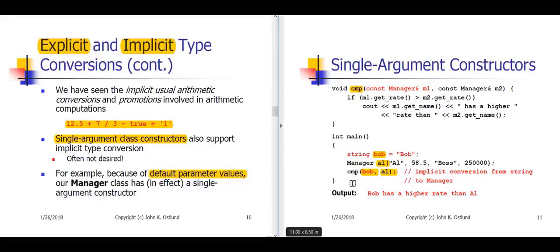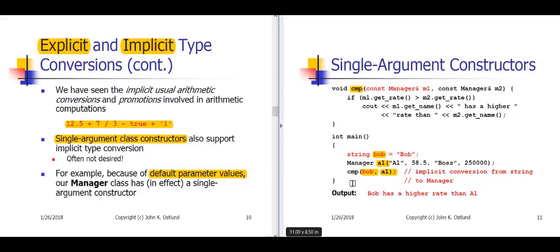The problem is that our constructor is willing to build a manager object from a string object by applying the default rate, title, and budget. Consequently, we end up with a manager object automatically constructed with Bob as the name, 70 as the rate, manager as the title, and $500,000 as the budget.